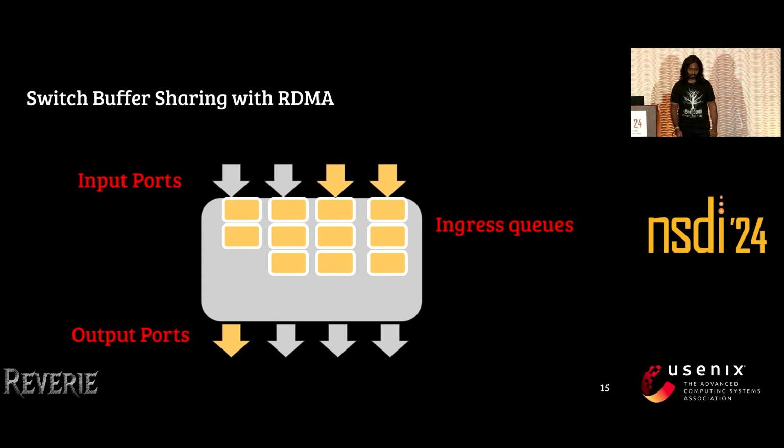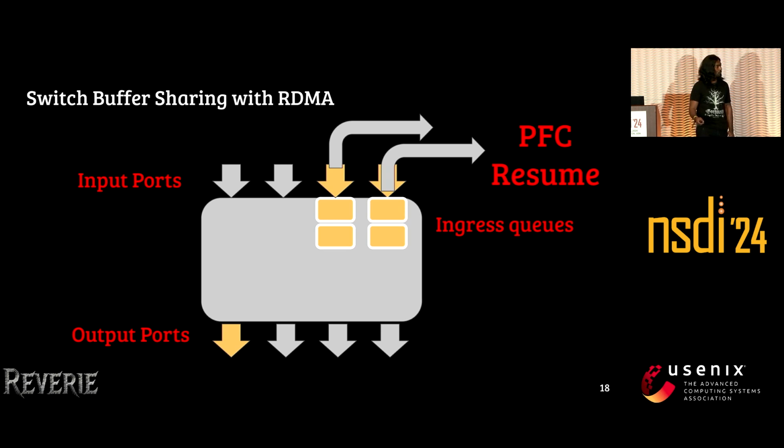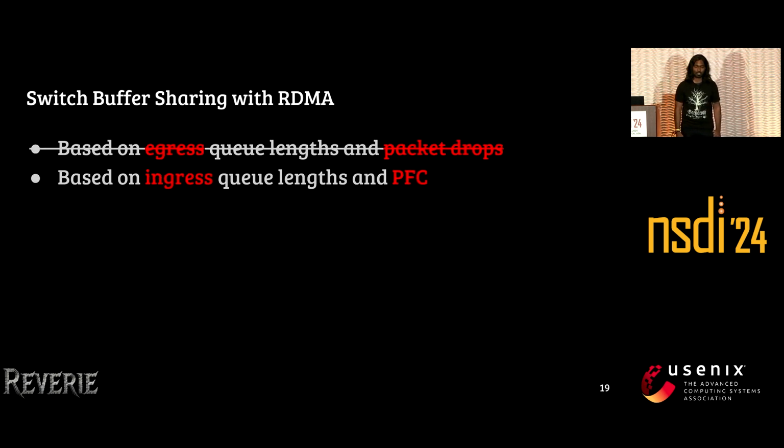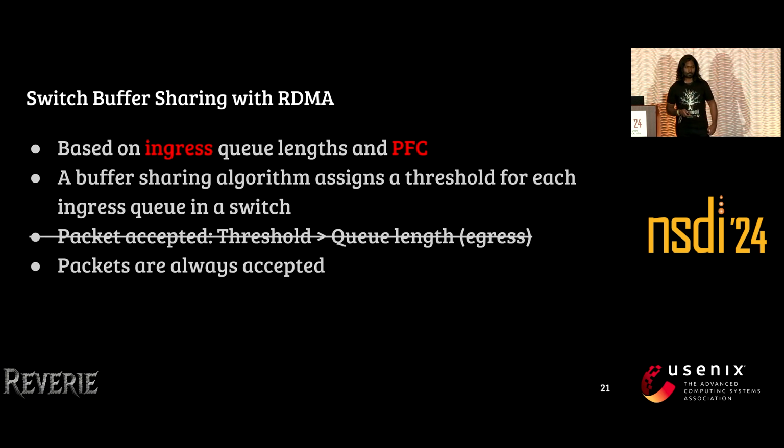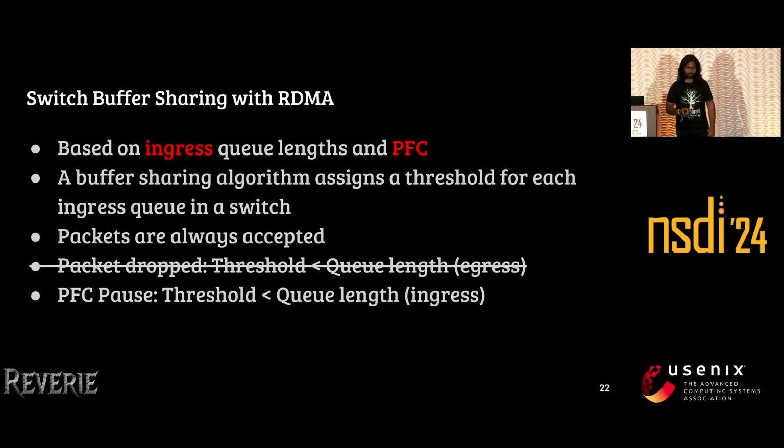As the queue length decreases, a PFC resume is sent back. So in essence, RDMA buffer sharing relies on ingress queue lengths, and the action is PFC. The buffer sharing algorithm assigns thresholds similar to the case of TCP, but now on the ingress queues. Packets are always accepted, but depending upon the thresholds, a PFC pause is triggered.